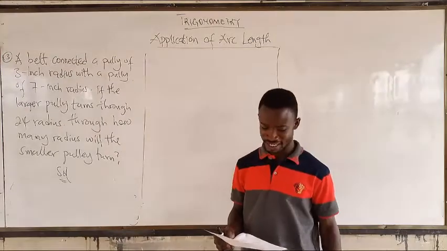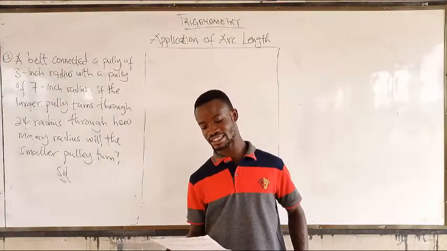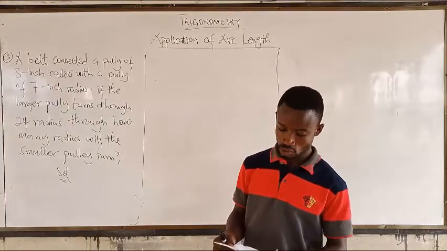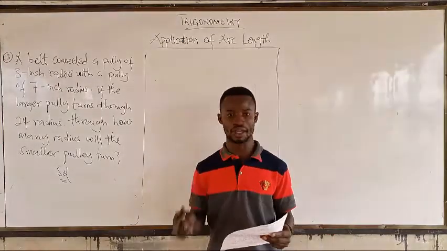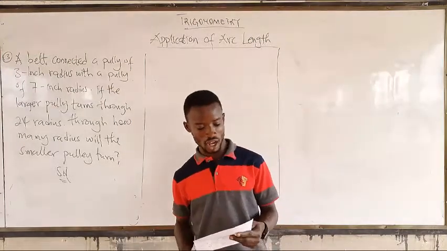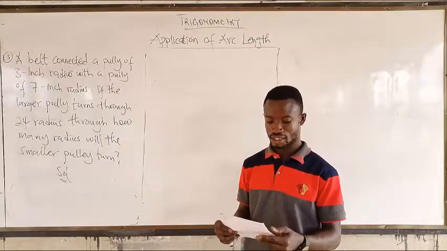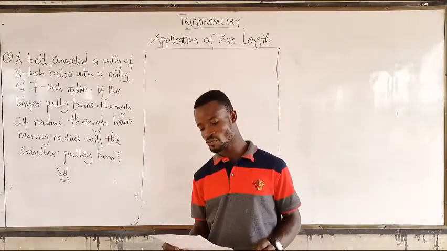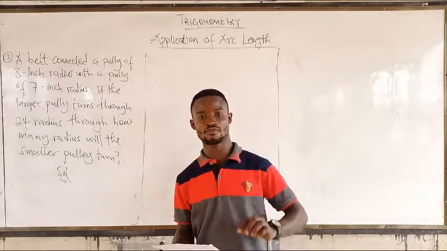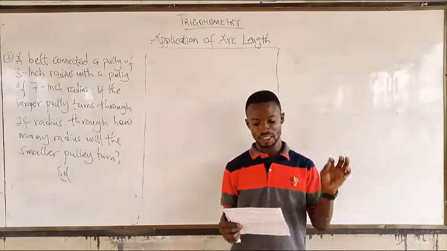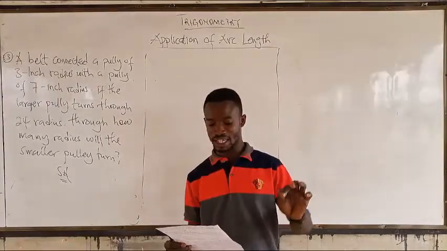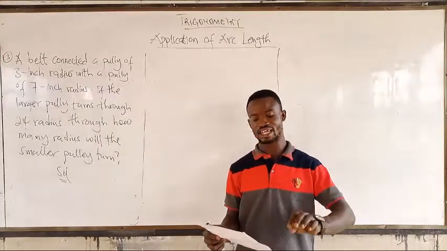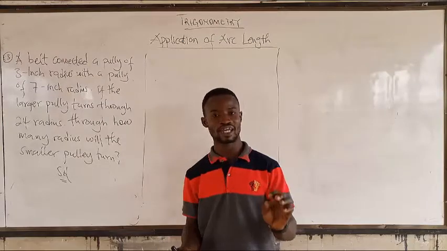What you should know is that since the belt connecting the two pulleys doesn't shrink or stretch, the distance a point moves on the circumference of the smaller pulley is going to be equal to the distance a point moves on the circumference of the bigger pulley.